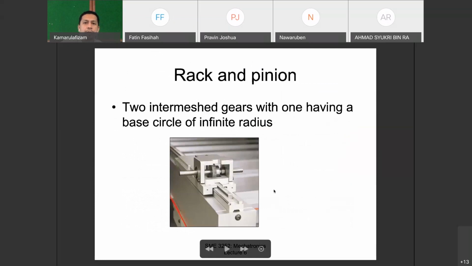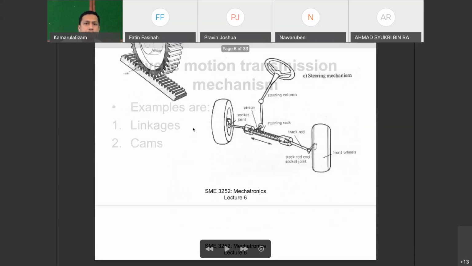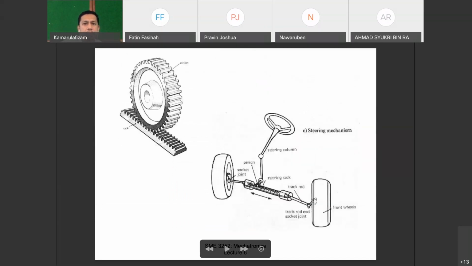Sama juga dengan case rack and pinion, kita buat rotational pada shaft ni. Basically the rotational motion akan menyebabkan the whole mechanism to move from left to right. So again, rotational to linear motion. Yes. Then you have kat sini rack and pinion lah.